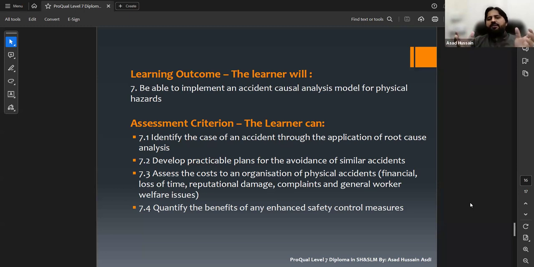So you have to give the benefits of any enhanced safety control measure. Any communication with your top management regarding the implementation of enhanced safety control measures will be enough evidence for this 7.4 assessment criteria.